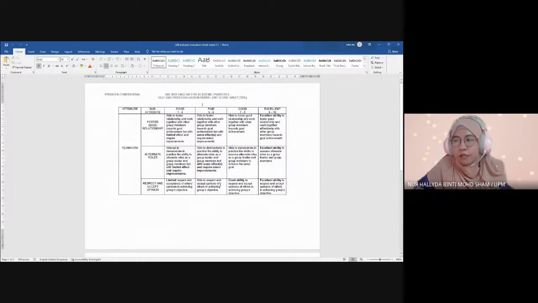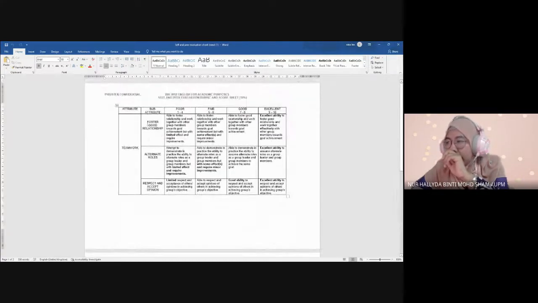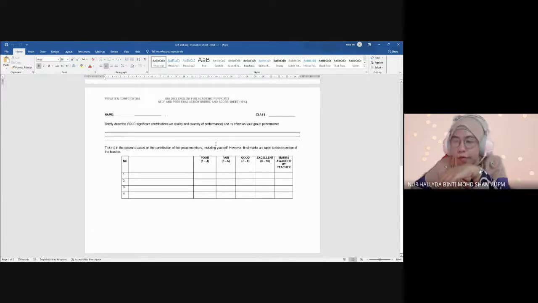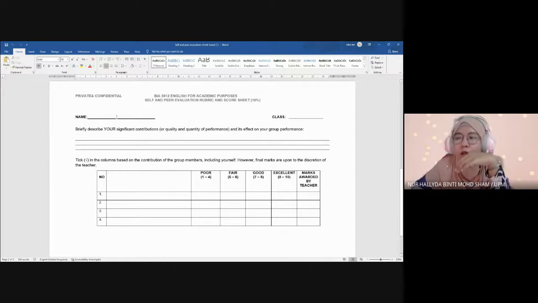Okay, anyway, this is the rubric that I'll be using to assess your peer evaluation. This is not the rubric for your research paper, actually. I forgot. But basically, let me explain what peer evaluation is. Like I said just now, this is another form that each of you needs to fill in.